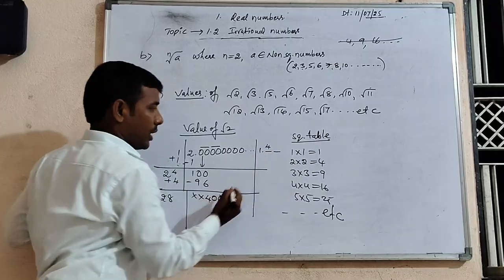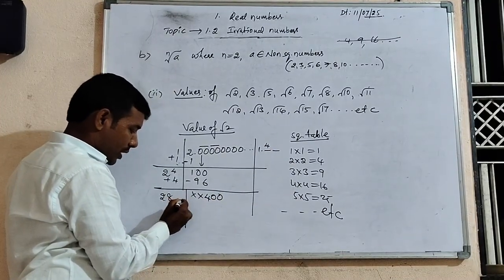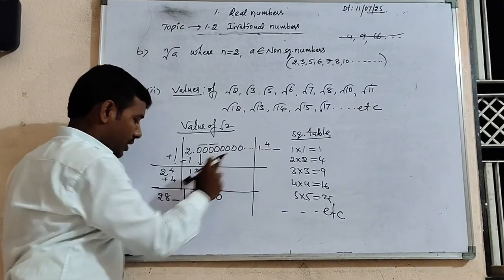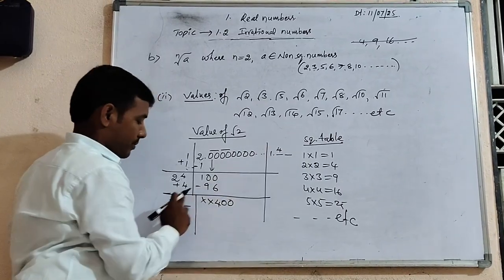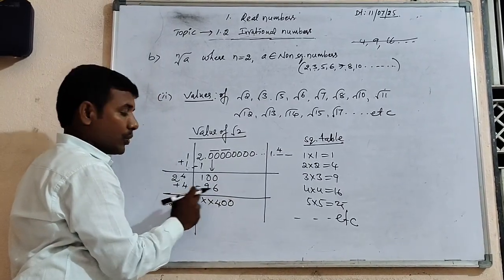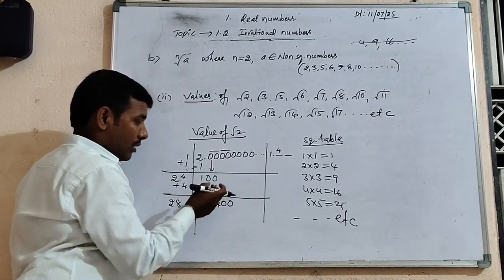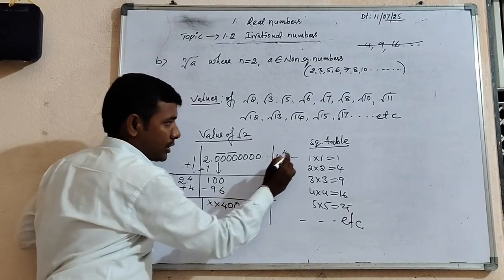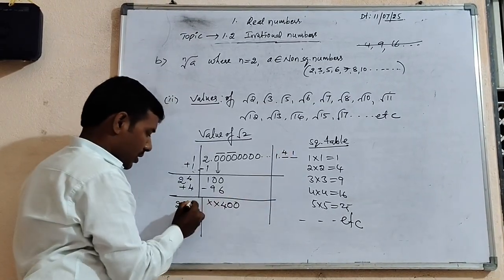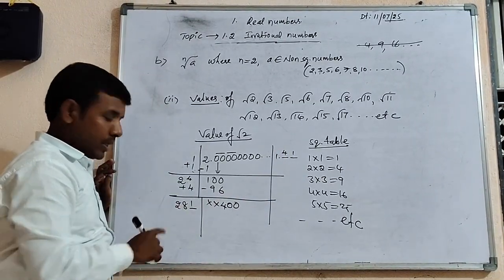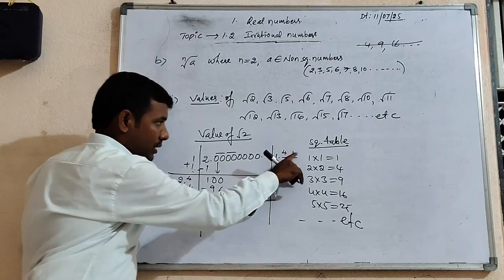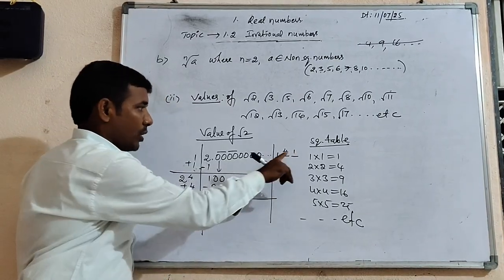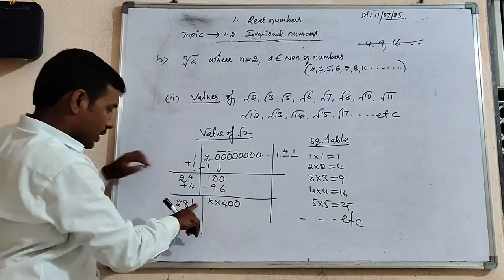Next, same route, repeat the same thing. Here you choose one digit, and that digit should be the same here. This digit should be the same, and which is the nearest to 400. For example, if I am taking 1 here, you replace here 1. See, 281 ones are 281. Suppose if you are taking 2 here, then what will happen?